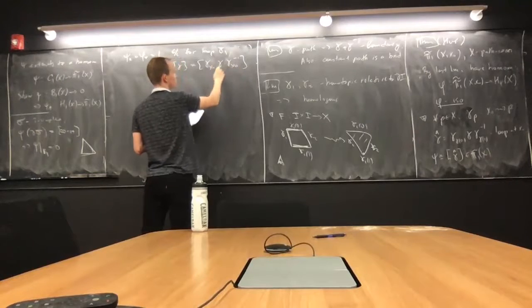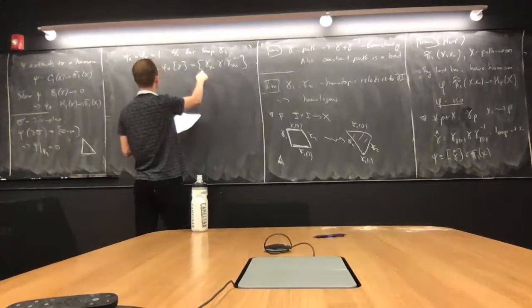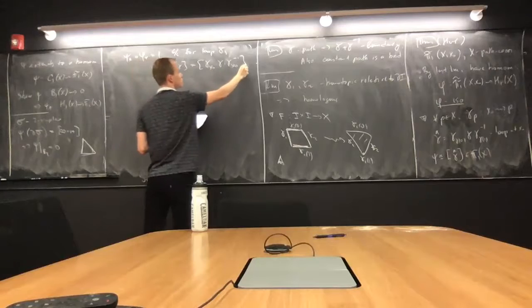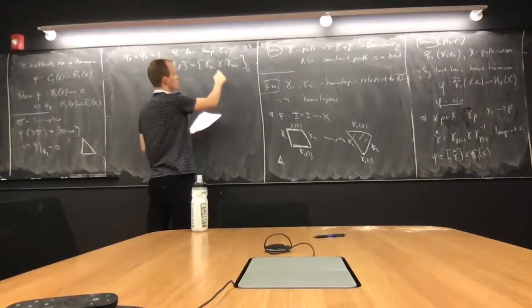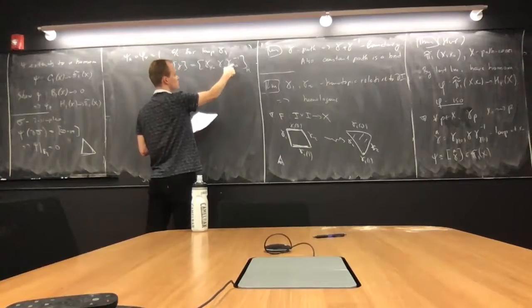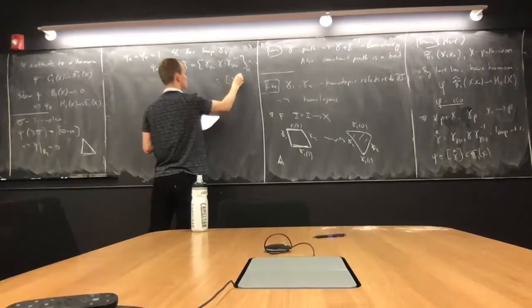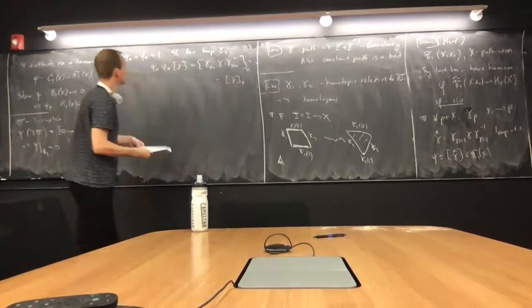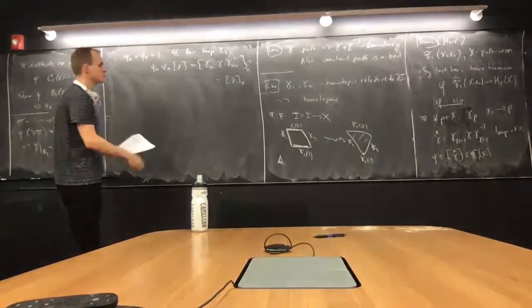And this operation is commutative, remember? So this equivalence class is taken in H. So this operation is commutative now. So this cancels this, and this is the class of gamma. Okay. So this composition is identity.